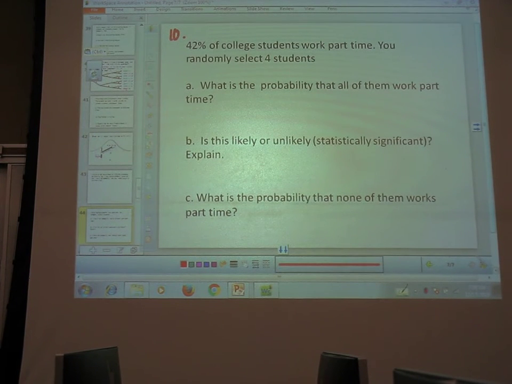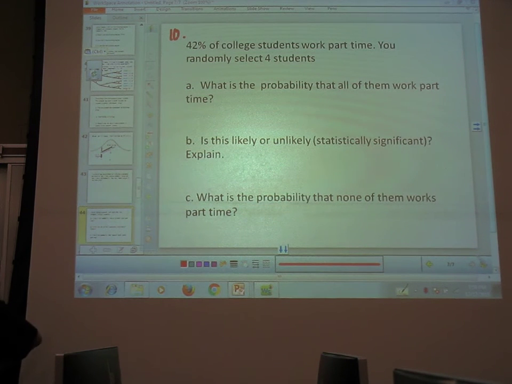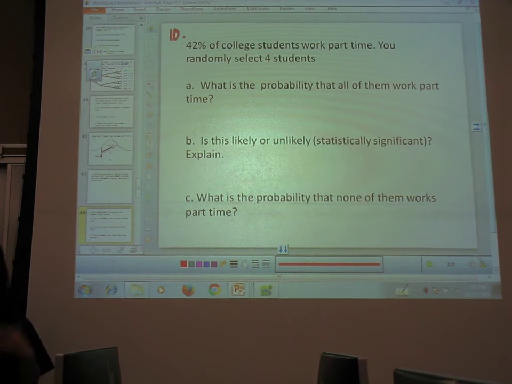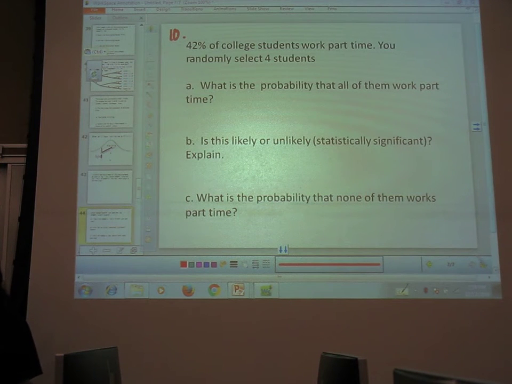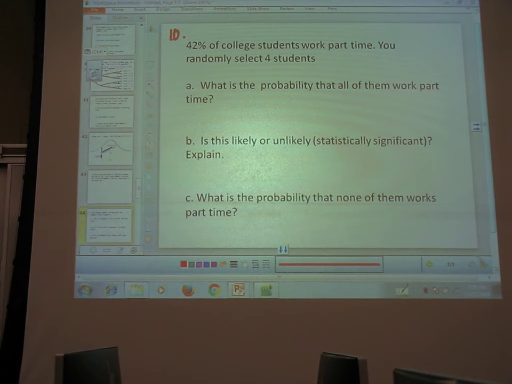Alright, so this one, you could use binomial, but this one's even easier than that. Whenever you have all or none, it's super simple, because how many ways can I have 5 people and pick all of them? There's only one way, right? So then it's, what's the probability that she works part-time? 42%.